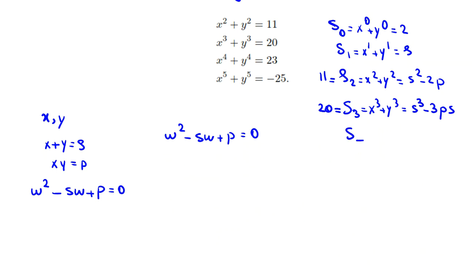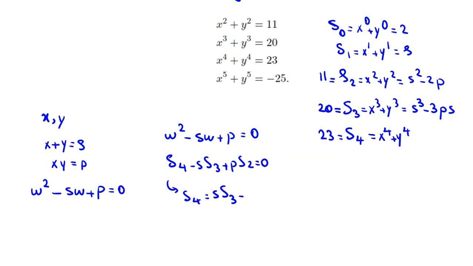Okay, now we want to calculate S4. We know S4 from here is 23, and it is x to the 4 plus y to the 4. If I replace, S4 minus s S3 plus p S2 equals 0. So here I can say S4 equals, taking them to the right hand side, negative will be positive, s S3 minus p S2. S3 is s cubed minus 3ps, and we replace S2 here with s squared minus 2p.